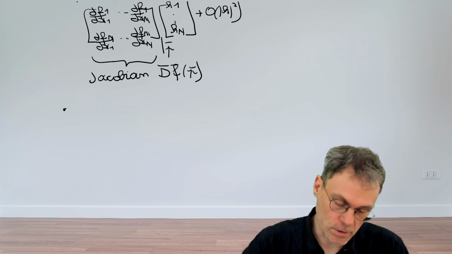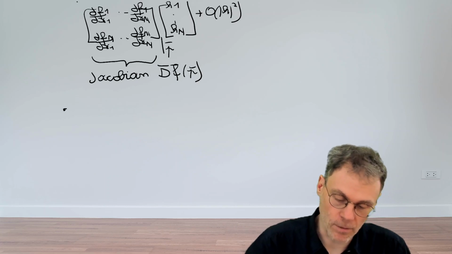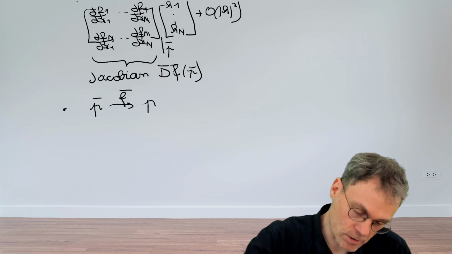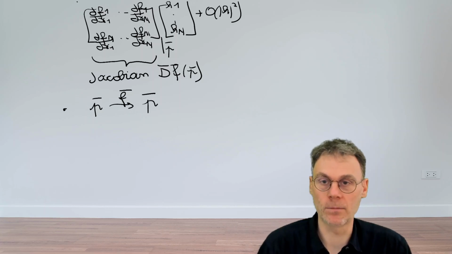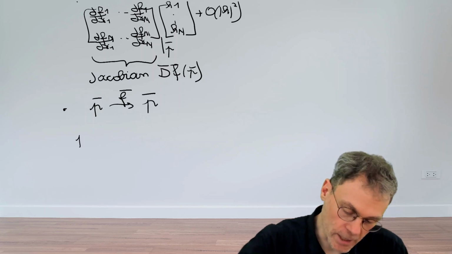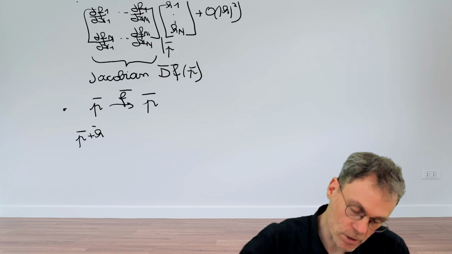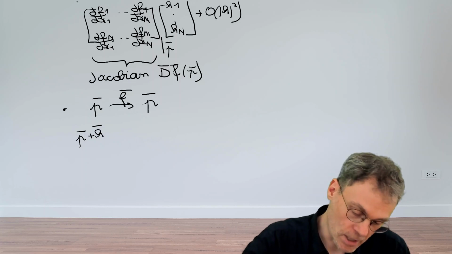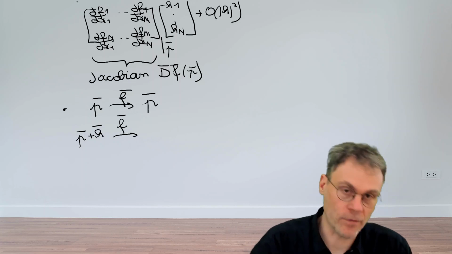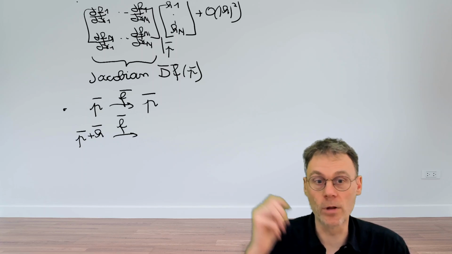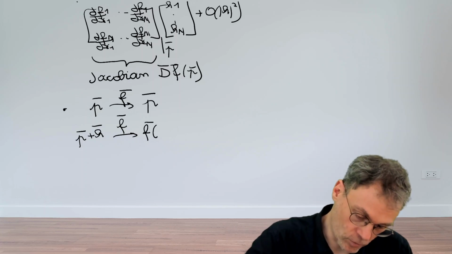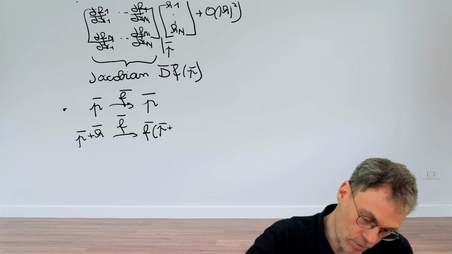Okay, so since we have a fixed point, P, if we apply the map f to that fixed point, we end up again at P. But now let's look at a point in the neighborhood of P, distance h away, with h being a vector. If we now apply our map f, well, the formula we've just written down will tell us that this will map, of course, to f of P plus h.